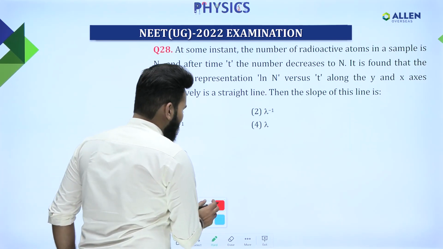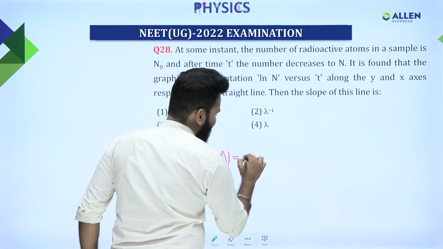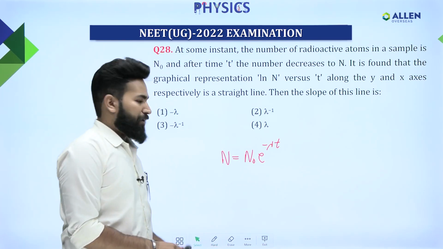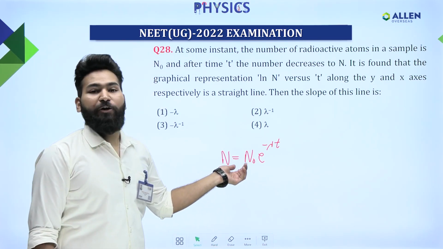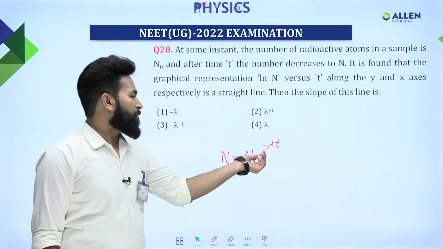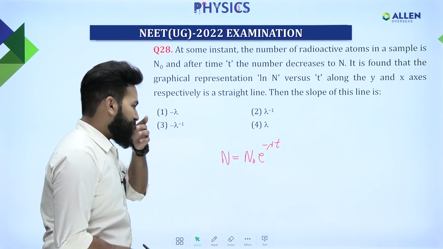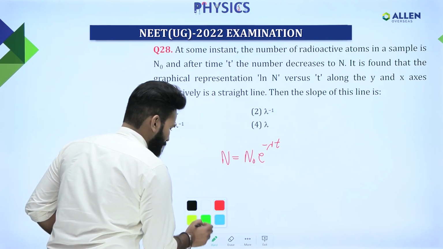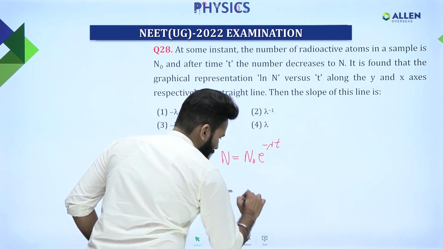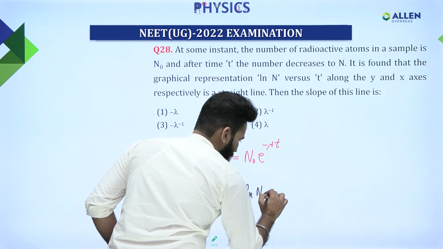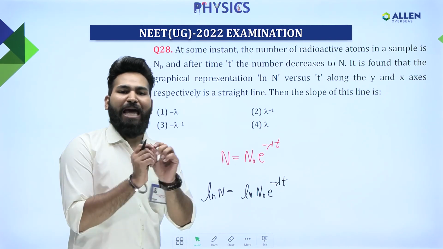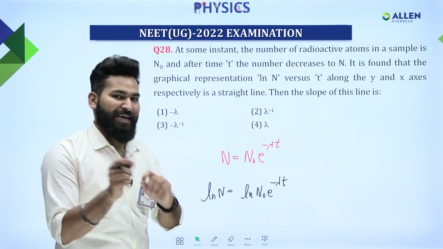We know the equation that n is nothing but n0 e raised to the power minus lambda t, where n0 is the number of radioactive atoms in the sample and n is the number of radioactive atoms present at time t. If I take log on both sides, this will be ln n equal to ln of n0 e raised to the power minus lambda t. We know the property that ln of m times n will be nothing but ln m plus ln n.